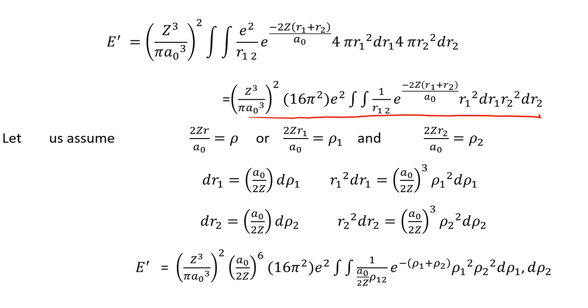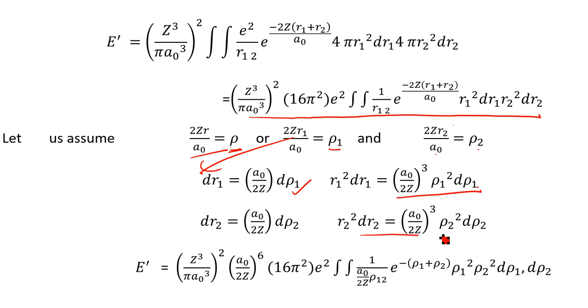Now changing to another variable rho, assume 2Z r upon a naught is equal to rho. So 2Z r1 upon a naught is equal to rho 1, and 2Z r2 upon a naught is equal to rho 2. So dr1 is equal to a naught upon 2Z d rho 1, and r1 squared dr1 is equal to this.